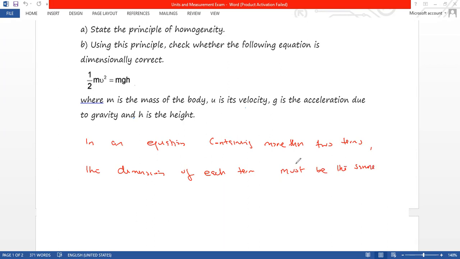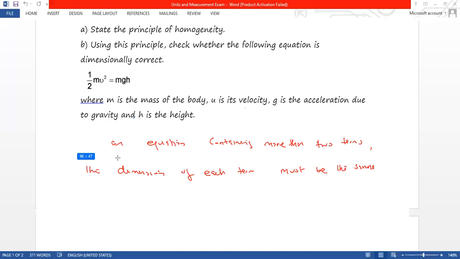If it is the same, we can say that the given equation is dimensionally correct. That means if the dimension of each term on both sides, left side and right side, is the same, then the equation is dimensionally correct. That principle we call the principle of homogeneity.